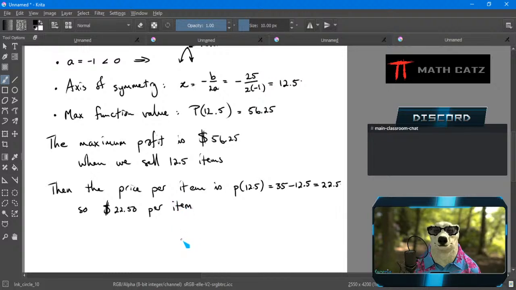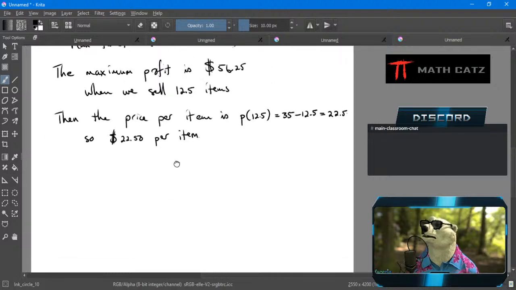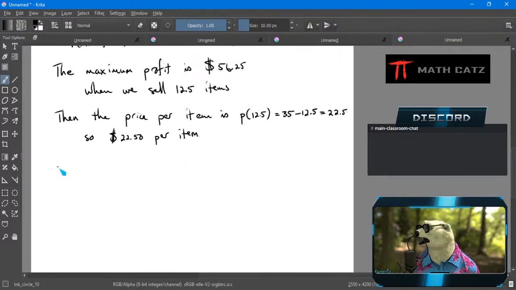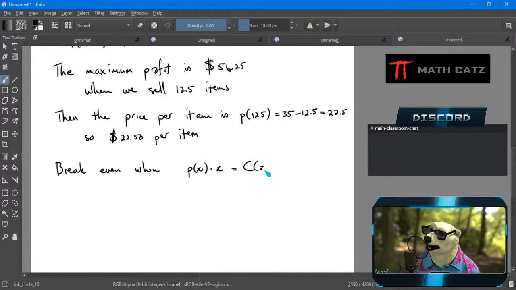So far, so good. The last thing we want to do is the break-even point. Do I have more space this time? Oh, much more space, yes. We are going to break even when my revenue equals my cost, or the profit equals 0.